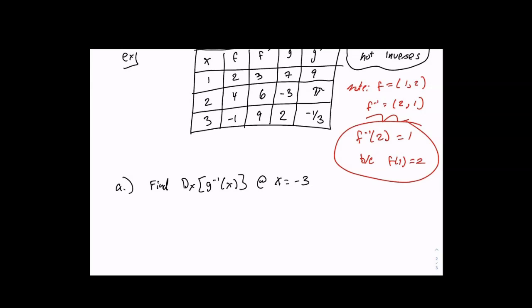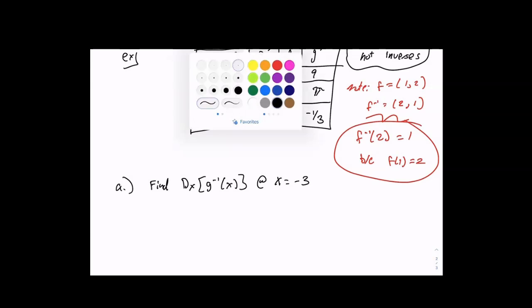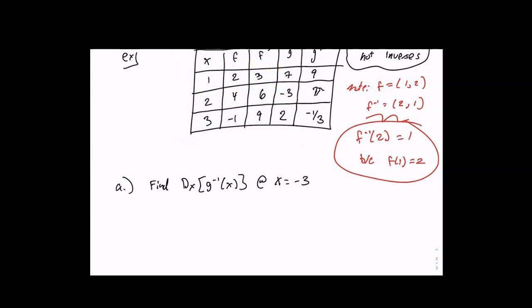Now, it should be noted that the inverse g of negative 3 is what? It's just a number. I'm just asking to evaluate. It's 2. Yes, correct. g of 2 is negative 3, so inverse g of negative 3 is 2. But that's not the answer. That's not what I'm doing.